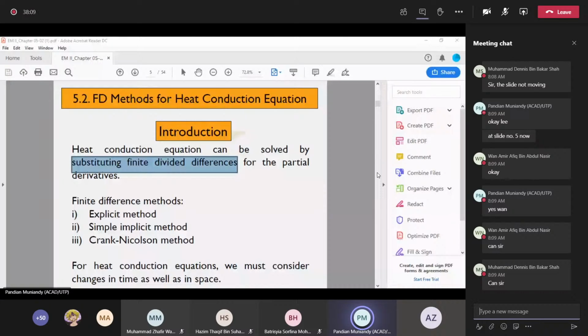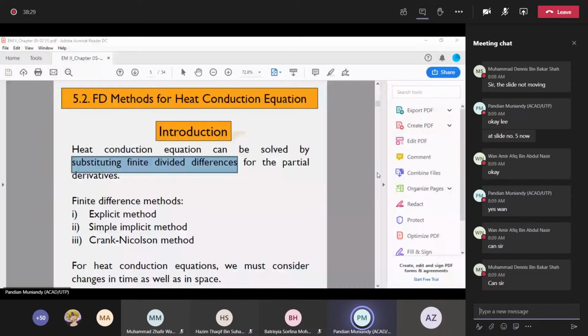Under explicit method, there are two equations. One is for the temperature with respect to distance, capital T with respect to x. That is what we call the centered finite difference equation. The other one is the forward finite difference, temperature with respect to time.